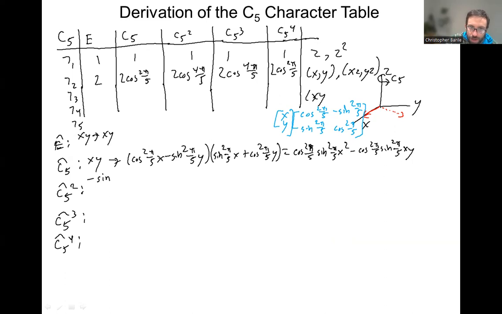Because we FOIL out minus sine 2 pi over 5 times sine 2 pi over 5 again. I think actually I can fit it. This term over here. Minus sine squared 2 pi over 5 xy. See how that works? This term times this term. And then we're going to have the cosine terms. So that's going to be plus cosine squared 2 pi over 5 xy.